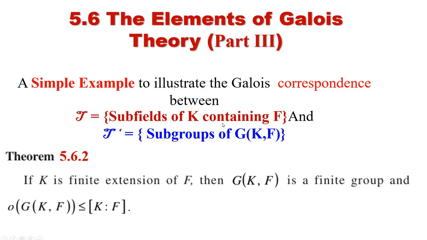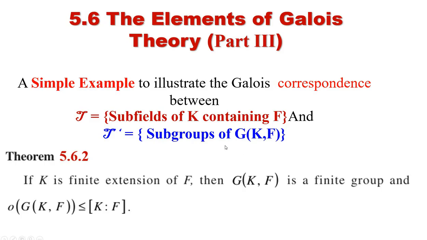K is a field, so we can talk about subfields, and G is a group, so we can talk about subgroups of it. So we'll try to establish this by an example. The actual theorem, that there exists a one-to-one correspondence, comes later. That's the main aim of the section. So that comes later, but here, just an example.